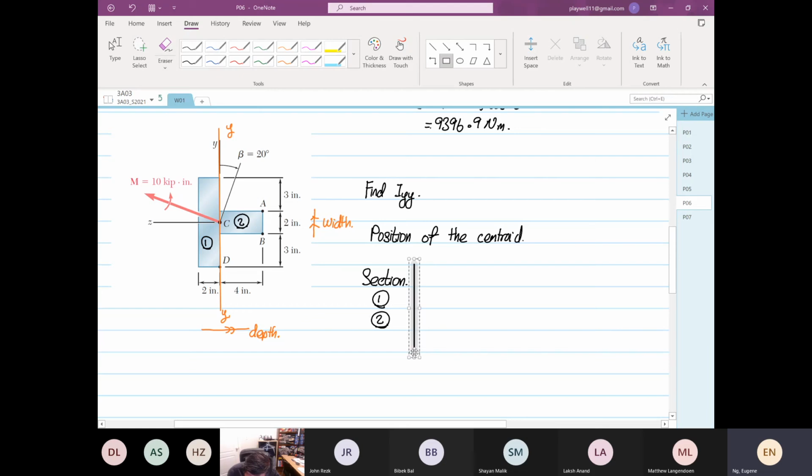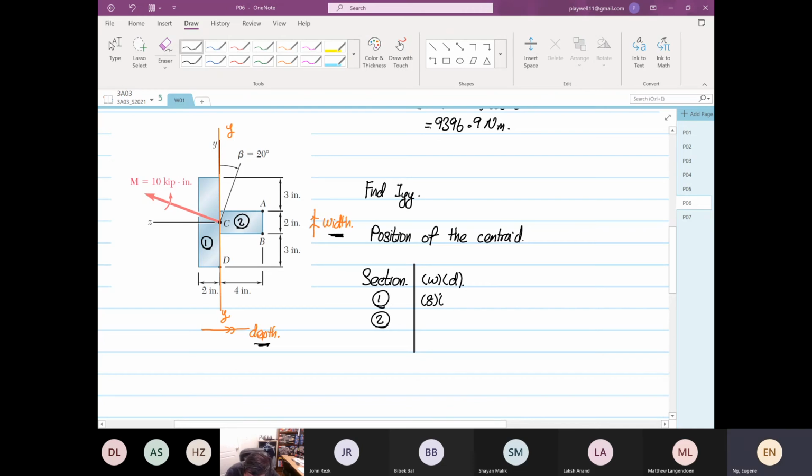Okay, so I'm going to have my width multiplied by my depth. So the width is dependent on what is this width and this depth. Section number 1, the width is 3 plus 3, so this will be equal to 8.